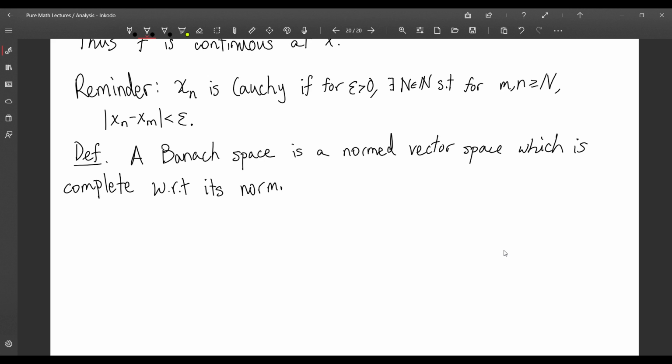In other words, this absolute value here is essentially the norm for the real numbers, right? So the real numbers, in fact, form a Banach space because the real numbers are a one-dimensional vector space, and then the norm is given by the absolute value.